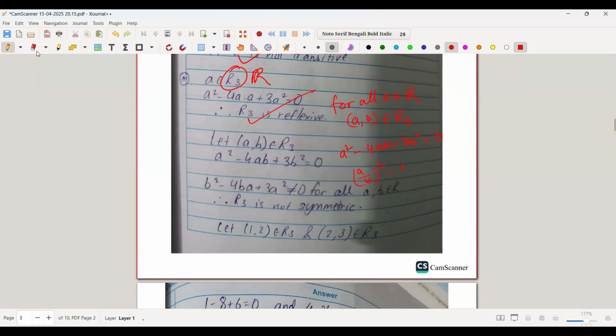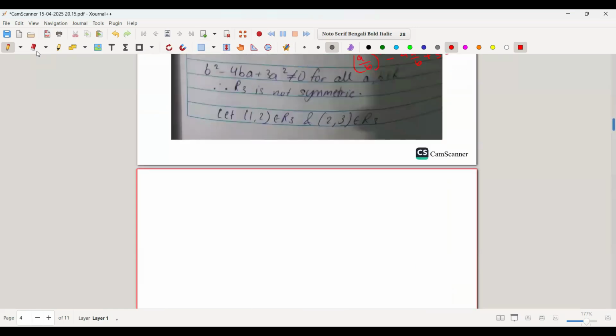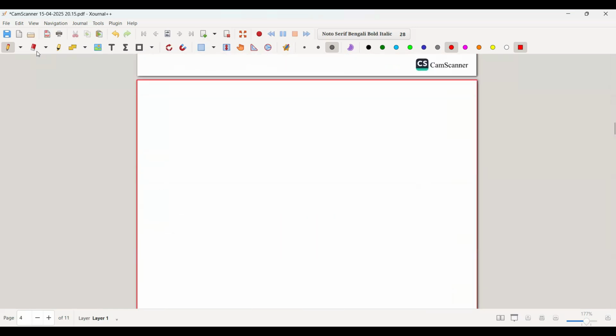Dividing by B square: (A by B) whole square minus 4 into A by B plus 3 equal to 0. So B square is common.